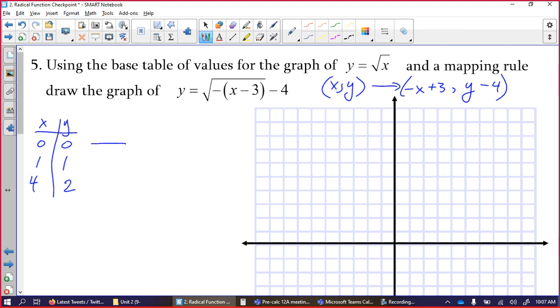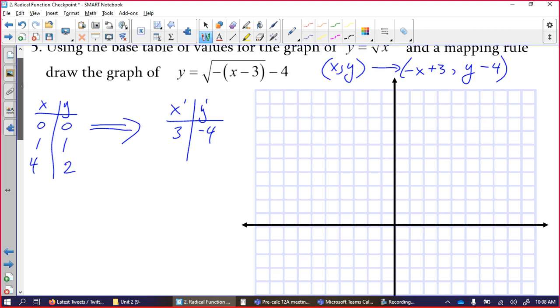So all of those points map to, technically we can call them x prime and y prime. So negative of 0 is 0. 0 plus 3 is 3. 0 minus 4 is negative 4.